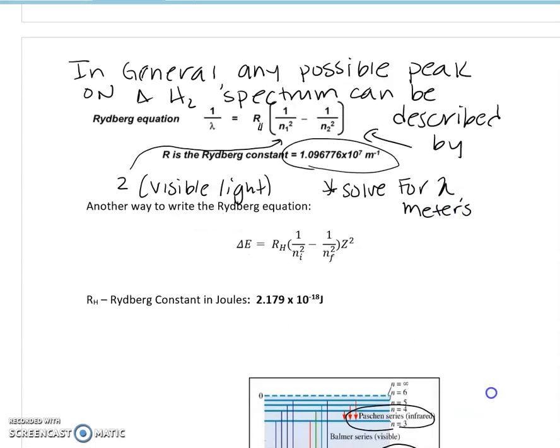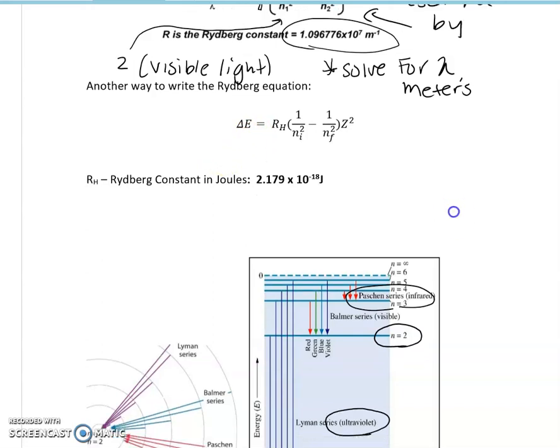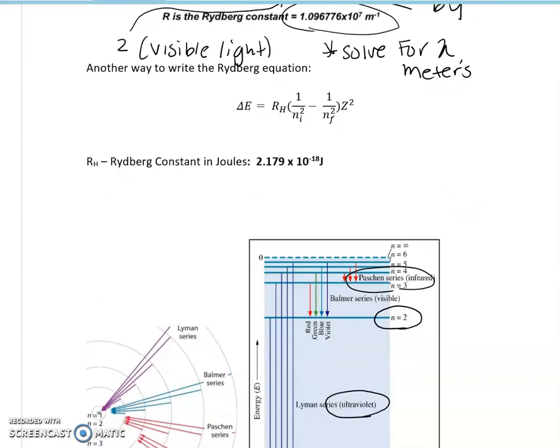Now, another way to write the Rydberg equation is the following. So you have a change in our energy. To solve for the energy, why we do this is we want to have the unit of joules. So notice the Rydberg constant here is different. It's in joules. And this change in E indicates the direction of energy flow.